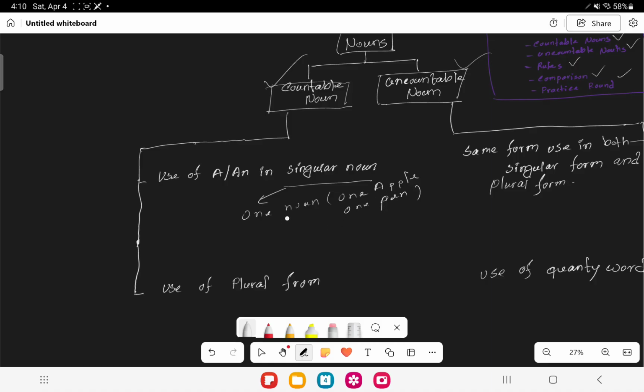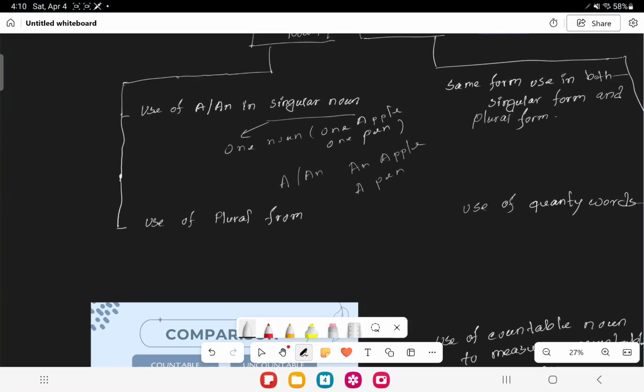When we use singular nouns, we put a or an before that. So an apple, a pen. Instead of one apple or one pen, we use an apple and a pen.